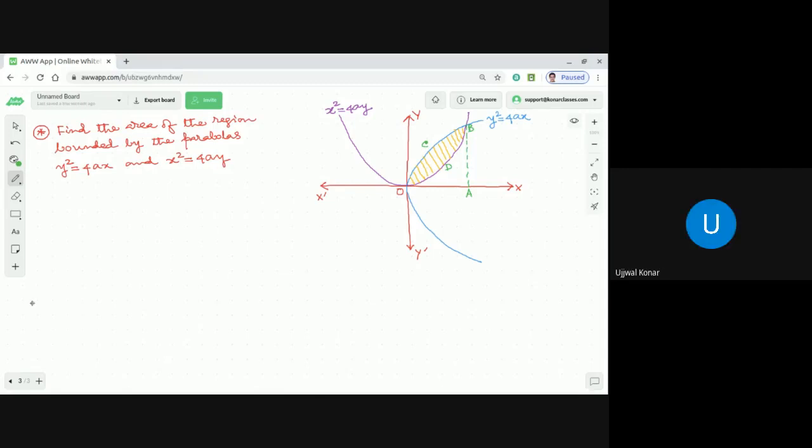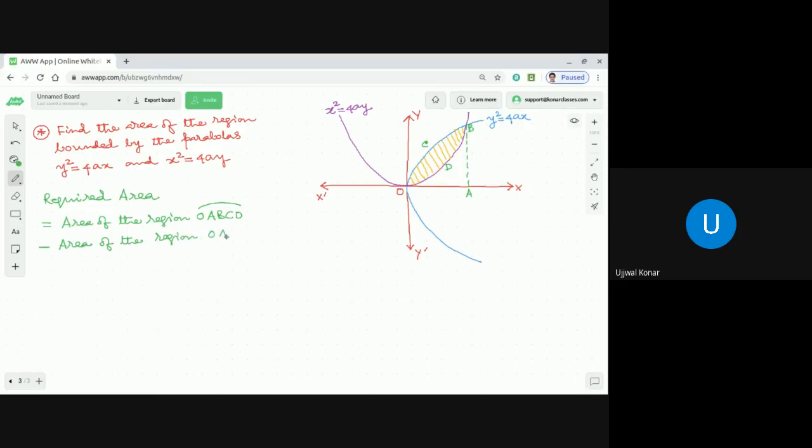Yes. Then we can write the required area is equal to the area of the region OABCO minus the area of the region OABDO.